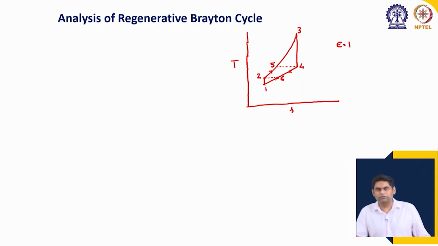Again, I would like to revise, or let us say that we should know that in these regenerative Brayton cycle processes, all the processes are simultaneously going on continuously, there is no change with time. So, they are steady state, steady flow processes. The working fluid is passing through each of the devices and undergoing various changes of state.